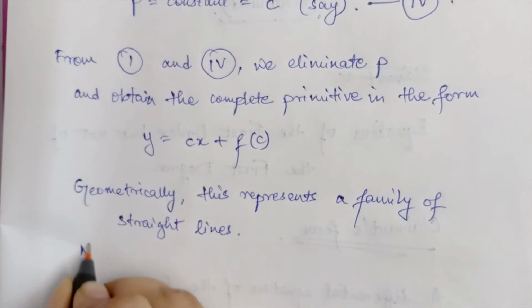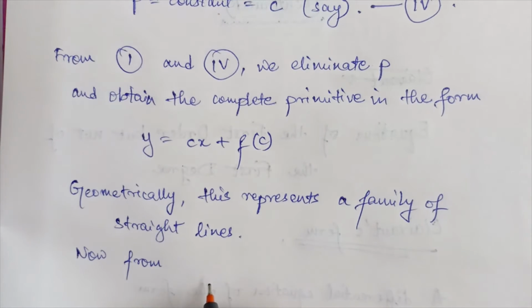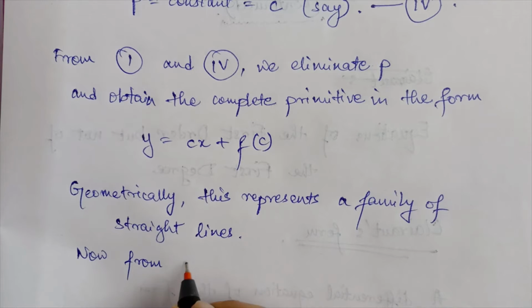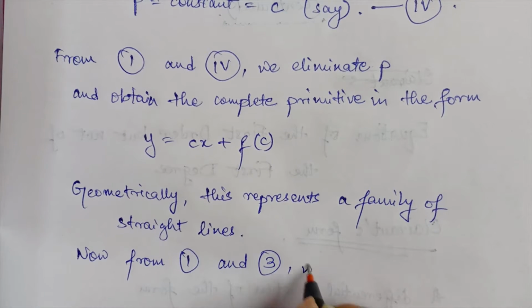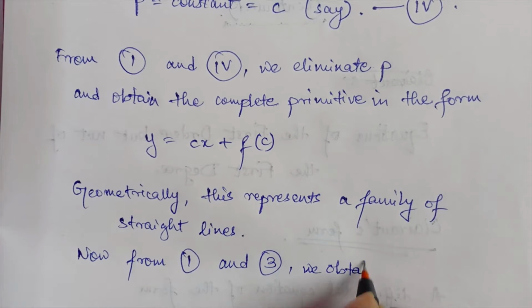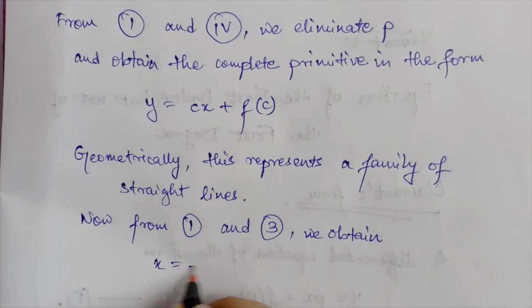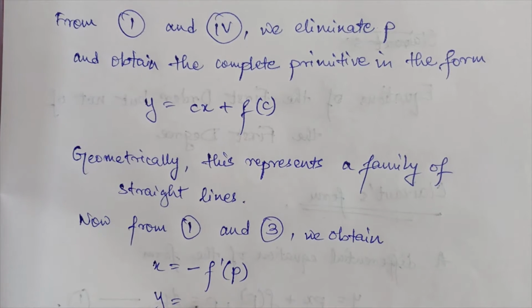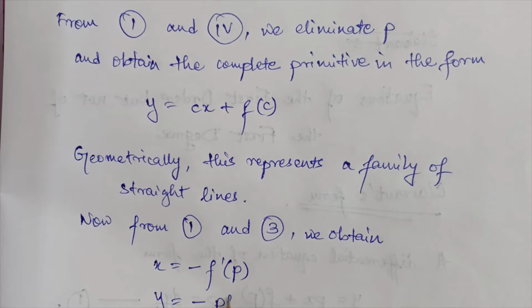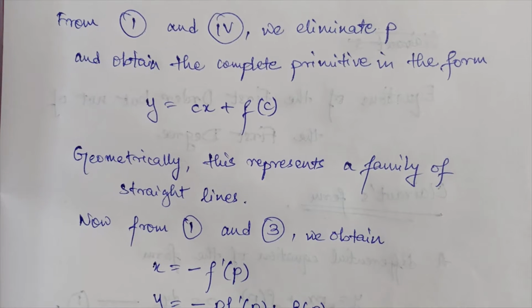Now from equation 1 and equation 3, we obtain x equals minus f dash p and y equals minus p into f dash p plus f of p.